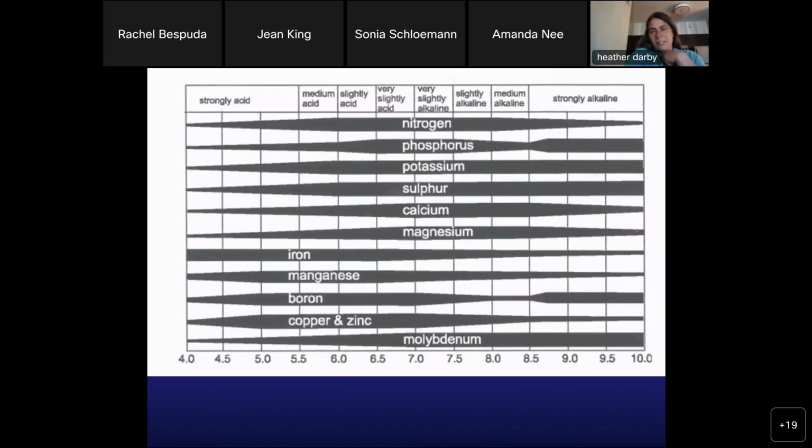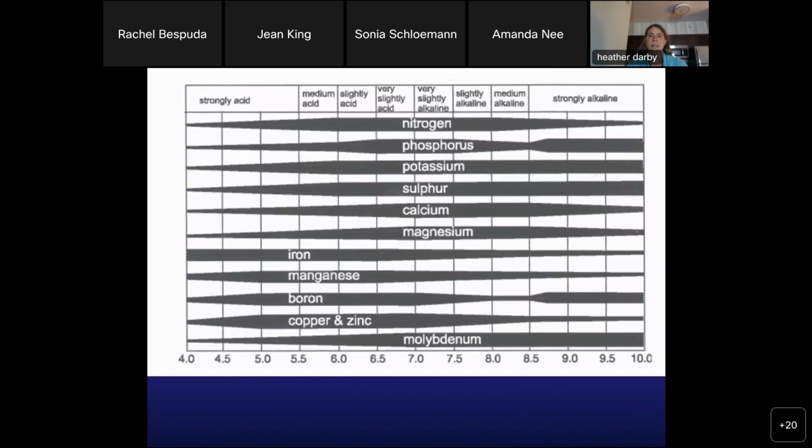I feel like most people have seen this. If you've taken a basic soil science class or heard me speak before, you have seen this graph. And it really just hits home that nutrients in the soil are highly impacted by the soil pH, okay?